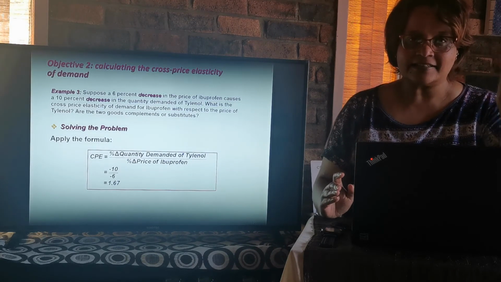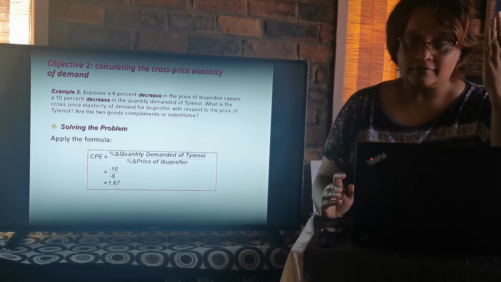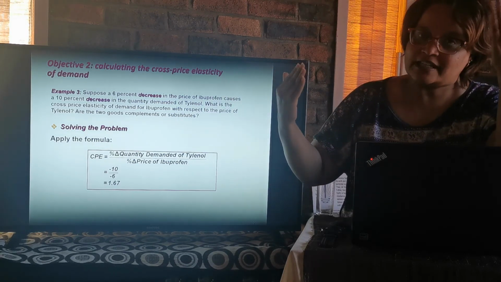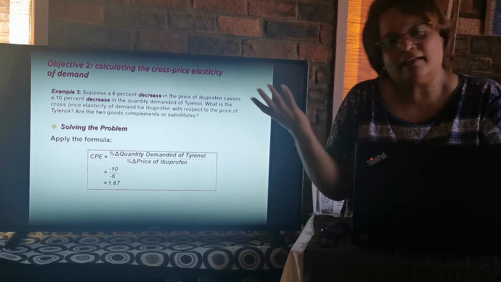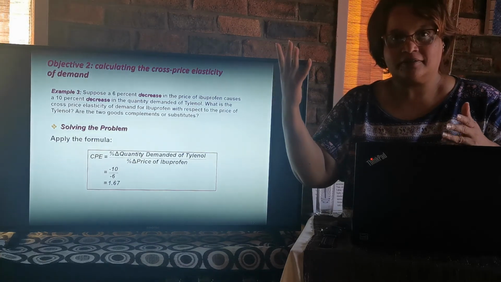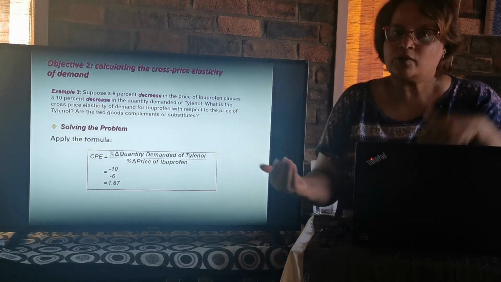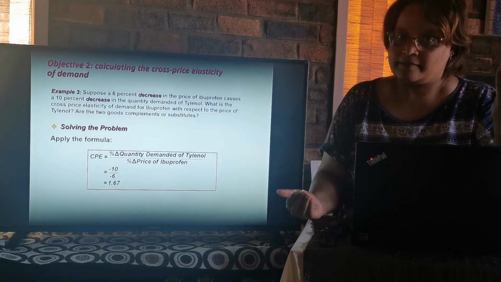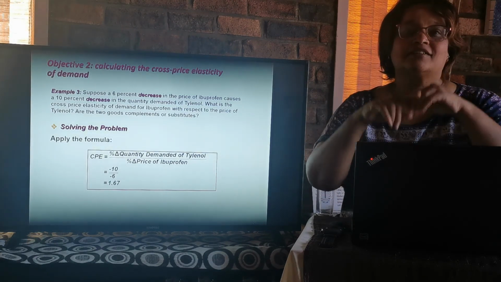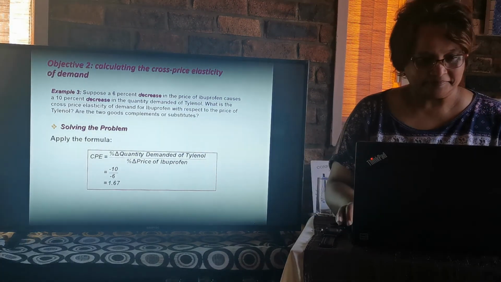If there's an increase in the one, there will be an increase in the other because you're not going to want to buy the expensive one. I think that is where pharmacies do the generics and the original. So you're going to take the generic one because there's an increase in price of the other. It's substitute goods, doing the same thing, just at a lower price.